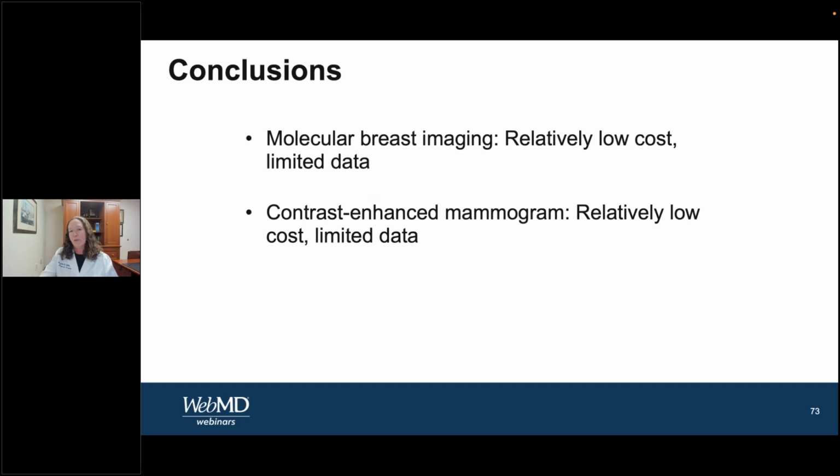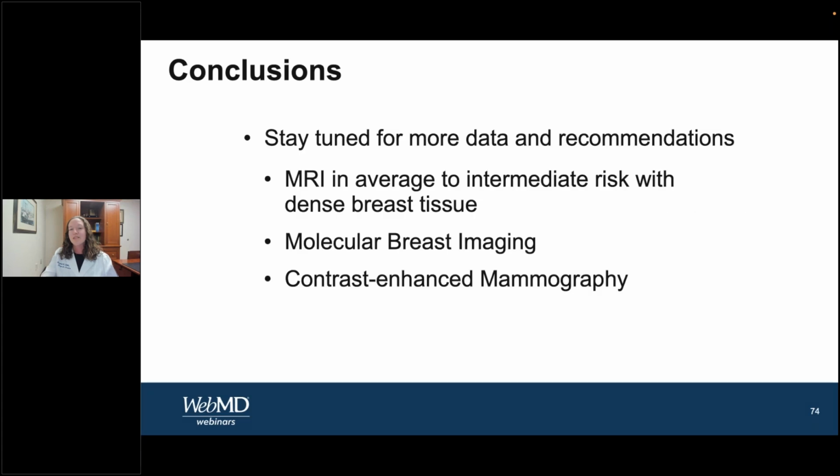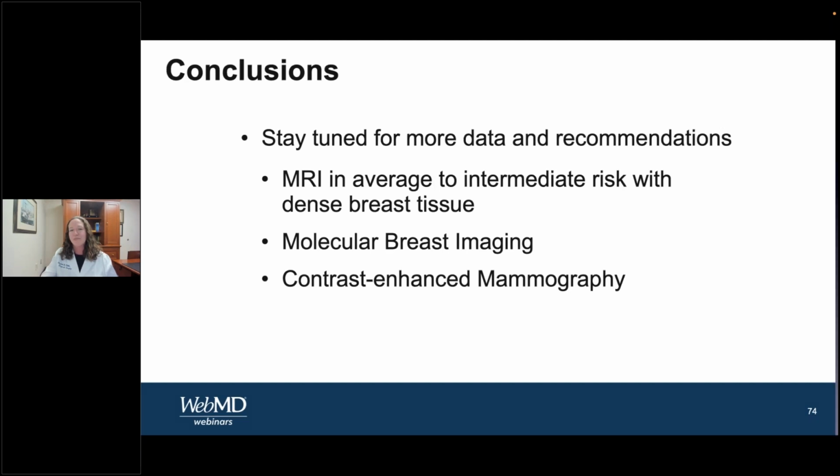And contrast-enhanced mammograms also look like they're going to be a great method for detecting supplemental cancers, and they are relatively low cost, but again, we have limited data on them right now. So everybody should stay tuned for more data and recommendations coming out, specifically with regards to MRI in women at average to intermediate risk with dense breast tissue, as well as molecular breast imaging and contrast-enhanced mammograms.